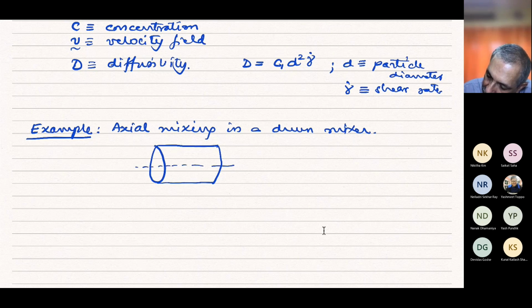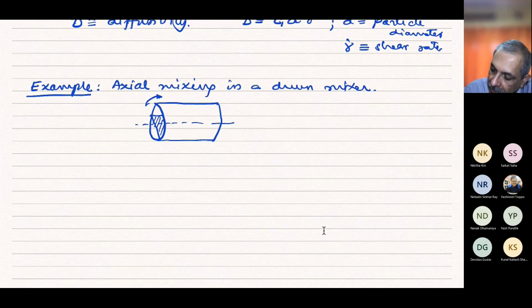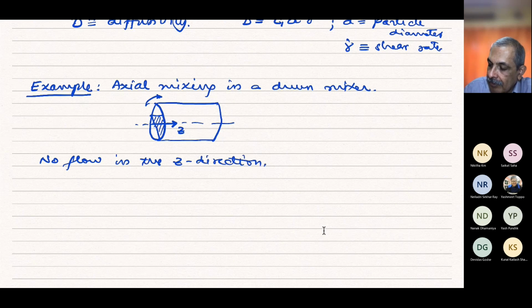We have seen these types of things before, and let's say only part of it is filled with particles, and this is rotating about its axis. So here we have no flow, and let's say this direction is Z along the axis. And what you want to know is what will be the mixing in the Z direction.